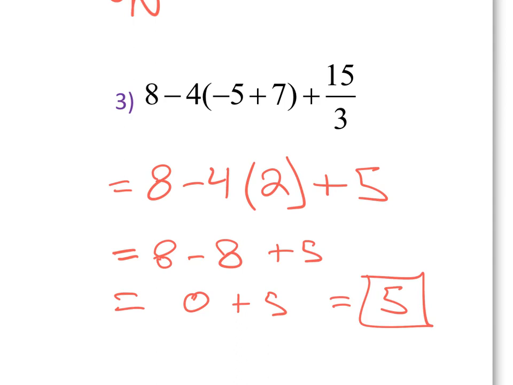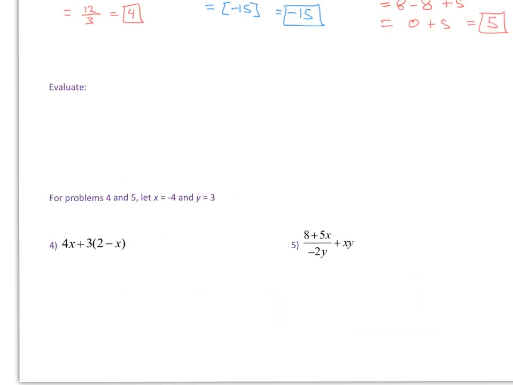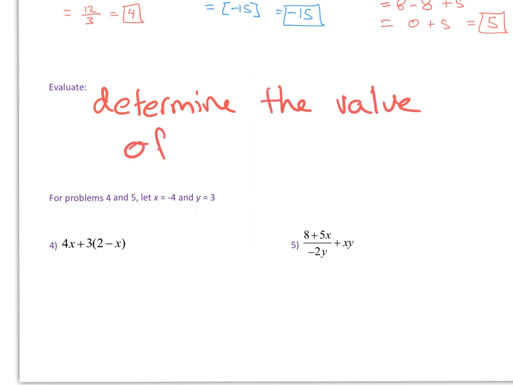Now we're going to talk about evaluating. So when a problem asks you to evaluate, what it really wants you to do is to determine the value of an expression. We have a couple examples down here.